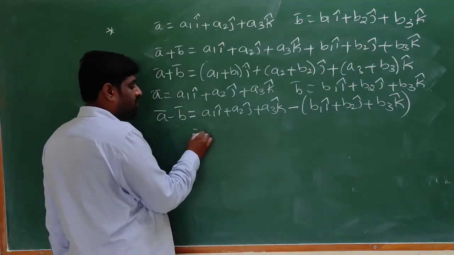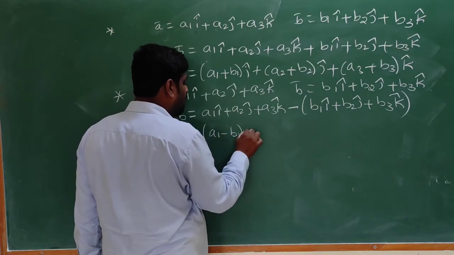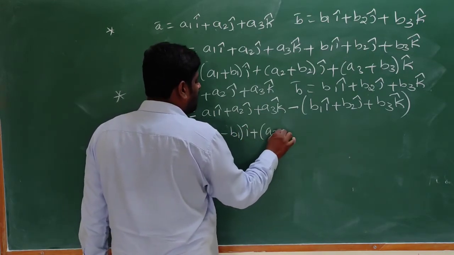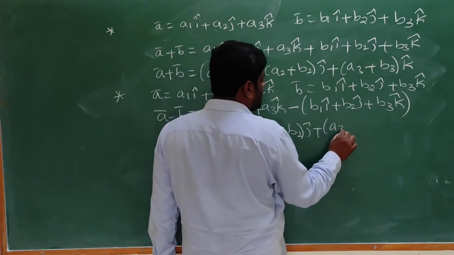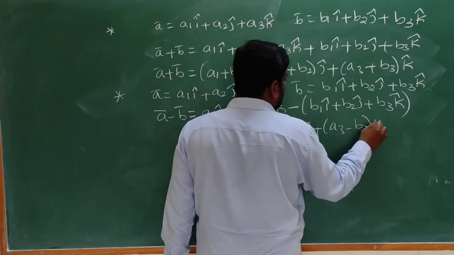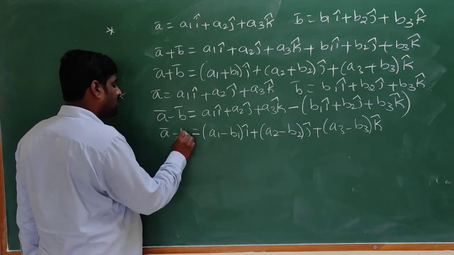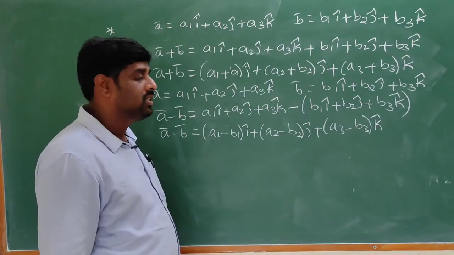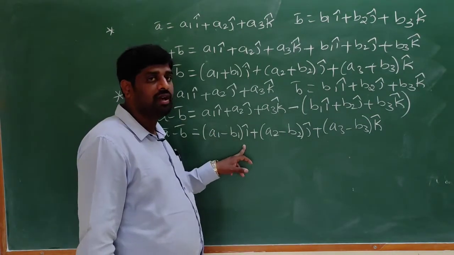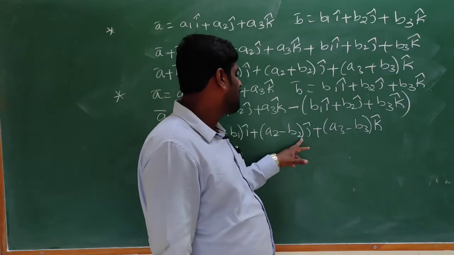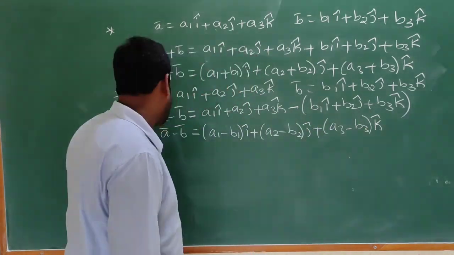Now the difference is A1 minus B1 of i cap plus A2 minus B2 of j cap plus A3 minus B3 of k cap. This is the difference between two vectors. That means A bar minus B bar is equal to A1 minus B1 of i cap plus A2 minus B2 of j cap plus A3 minus B3 of k cap.